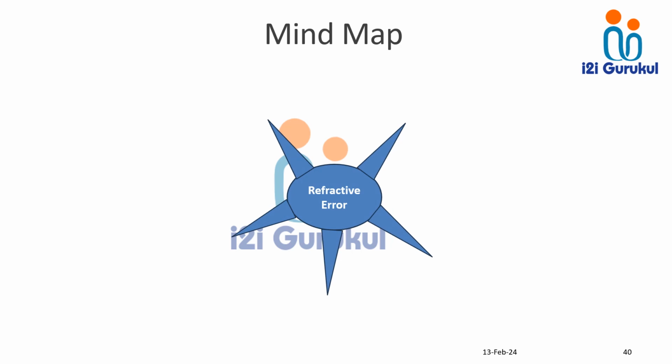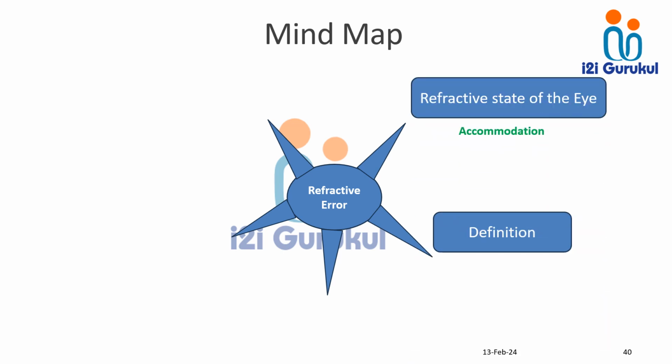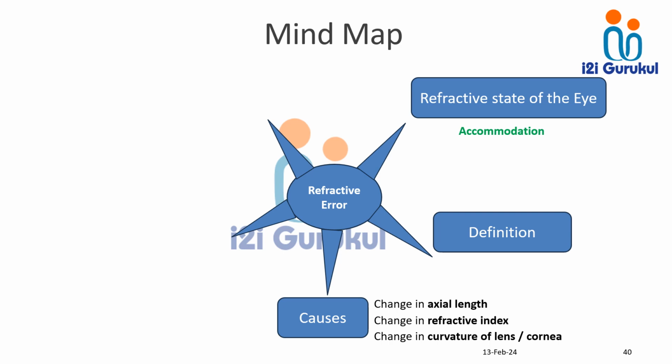The topic was refractive errors, types of refractive errors. Initially we went through the definitions. Then the refractive state of the eye, where we studied accommodation, and then the causes, which include axial length, refractive index of the lens, and the curvature of the lens and cornea.